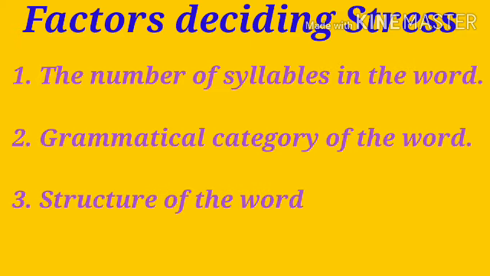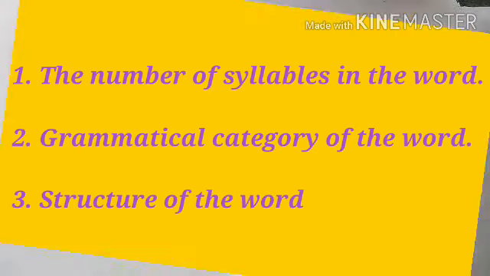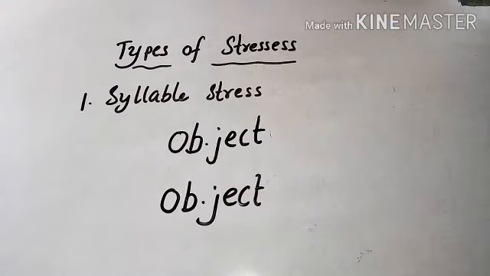And the third one is the structure of the word, whether the word is a single root word or has any prefix or suffix attached, also one of the deciding factors of stress in a syllable of a word. Now let us know about the types of stresses.